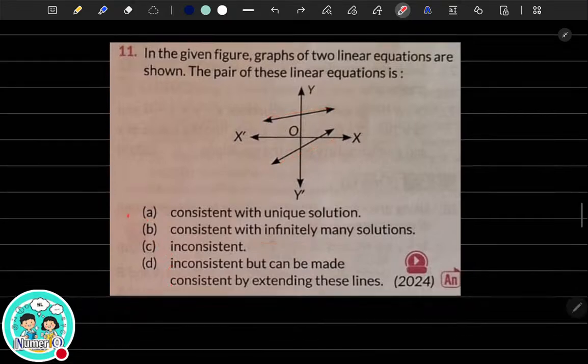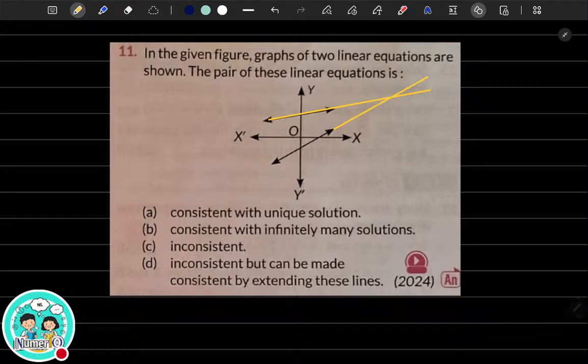Now look at the first line. If we extend these lines, will they intersect at a particular point? Suppose, let me extend these lines like this. This is one line, and let me extend this also. What do you see?